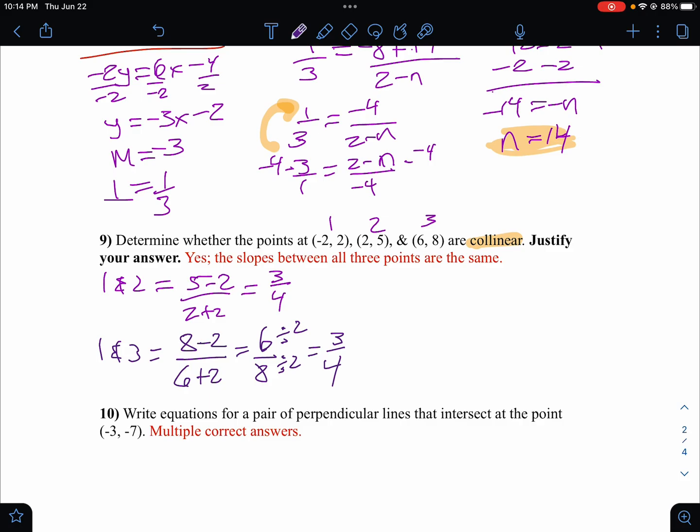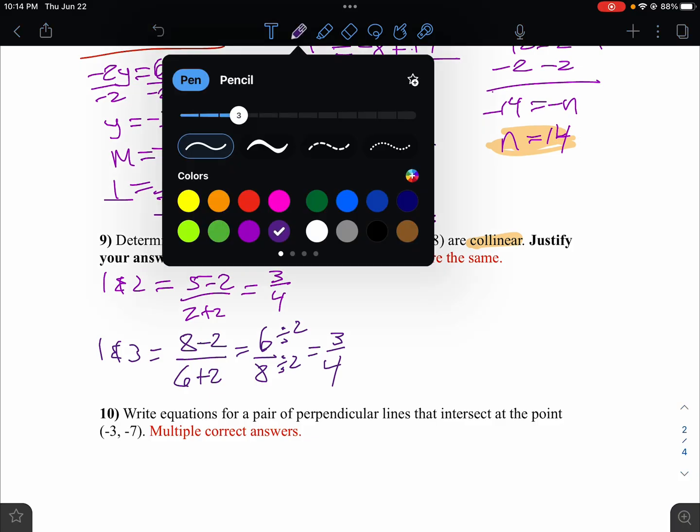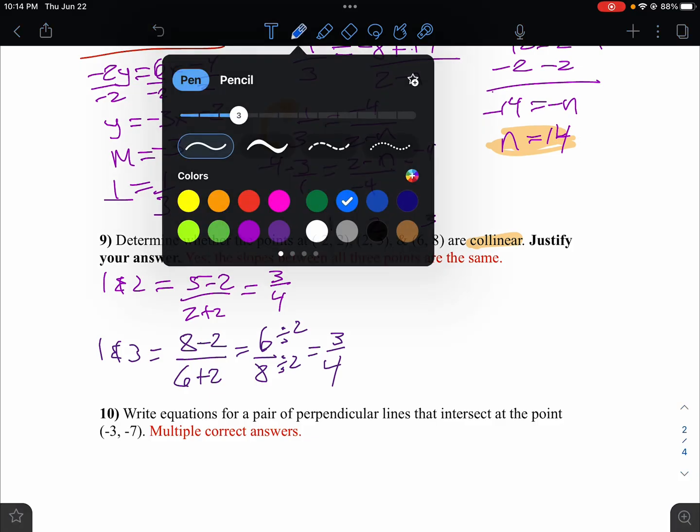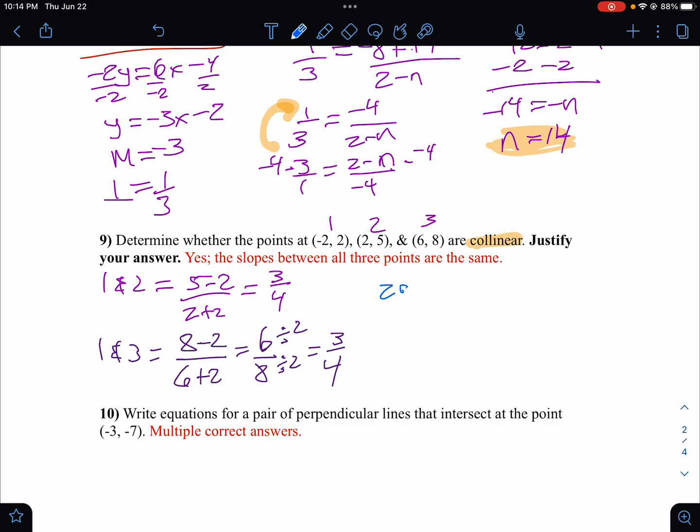Looking pretty good so far, right? But we've got to check all 3 points, so let's check the slope between 2 and 3. So we'll go 8 minus 5 all over 6 minus 2. So I get 3/4. They're all the same. Since they're all the same, yes, they lie on the same line, and they're going to be collinear.